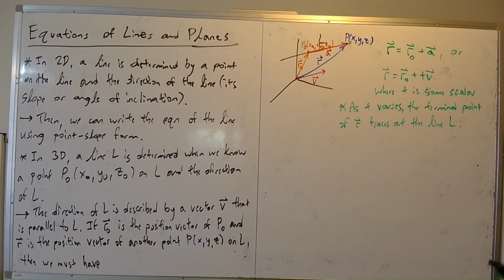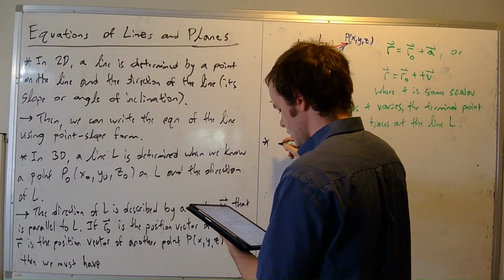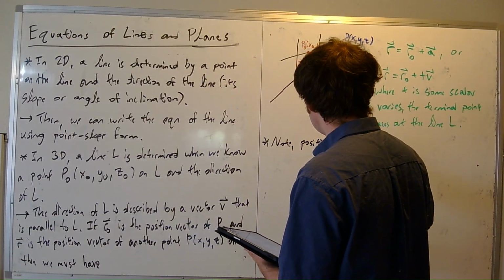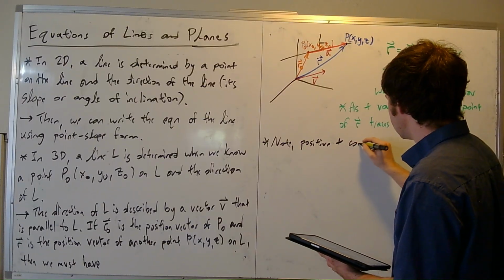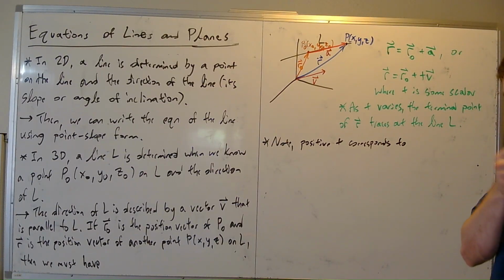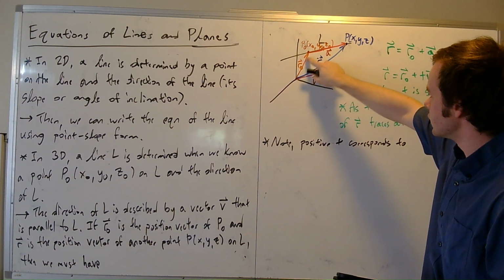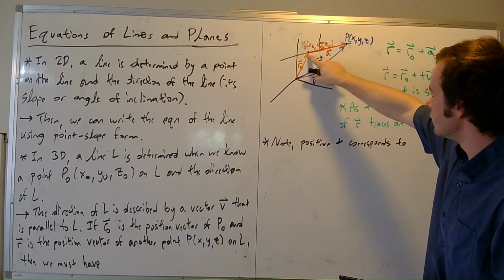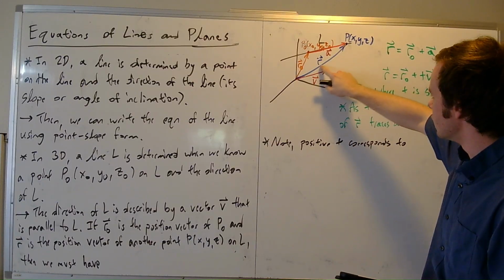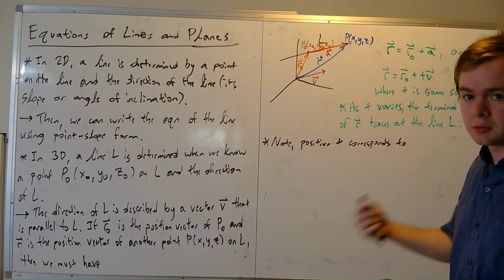Okay, and I'll say here, note positive T corresponds to, so if T is positive, then it's going to be points to the right, because we're starting with our vector R0, and we're adding some amount along this line to get the resultant vector, right? So we're just moving our vector R to the right as A gets longer, as A grows to be a bigger positive number.